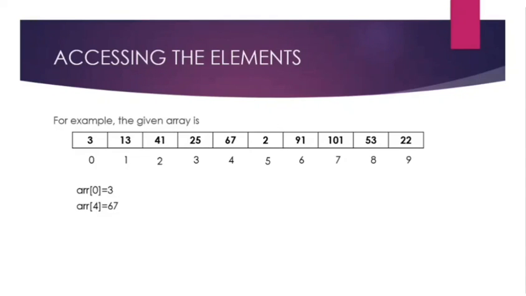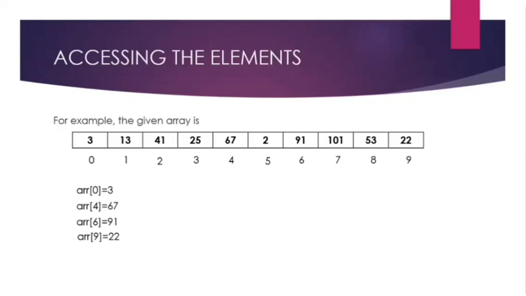If we want to access the seventh element, the index would be 6, arr[6], which gives us 91. And if we want to access the last element, which is arr[9], that gives us 22.